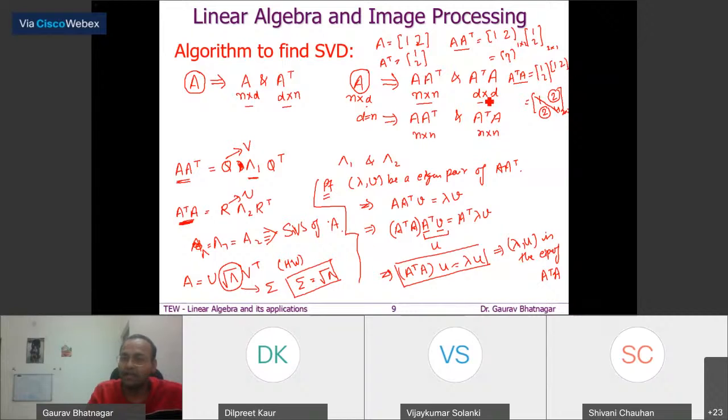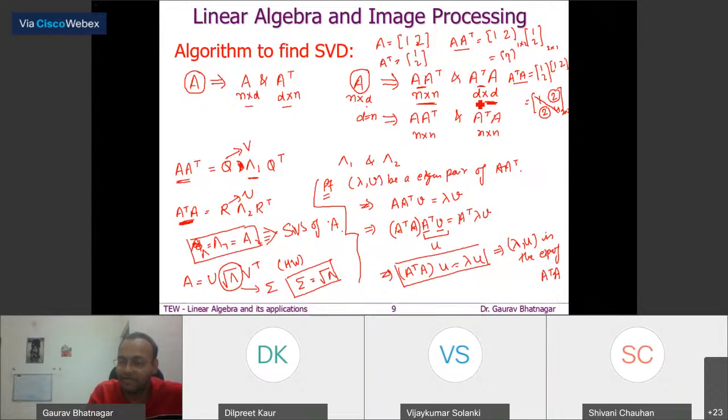The meaning is the first d components are non-zero and the rest of the elements are going to be zero. Hence this matrix is going to be a singular symmetric matrix. But the other matrix is not going to be singular if d is less than n. Because of the validity of this relation, the rest of the singular values will be zero beyond the rank of this particular matrix.